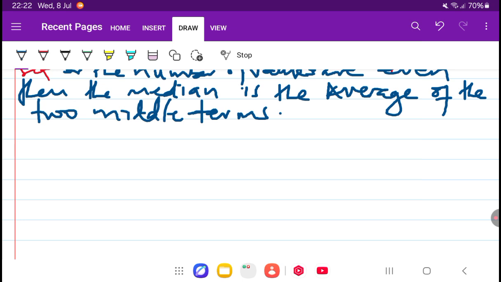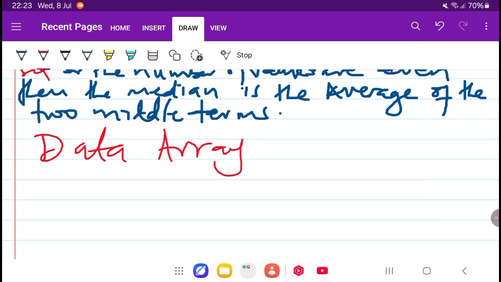Once the data is ordered, the moment we arrange the data into either ascending or descending, we call that a data array. That's when the data set has been arranged in a certain order.